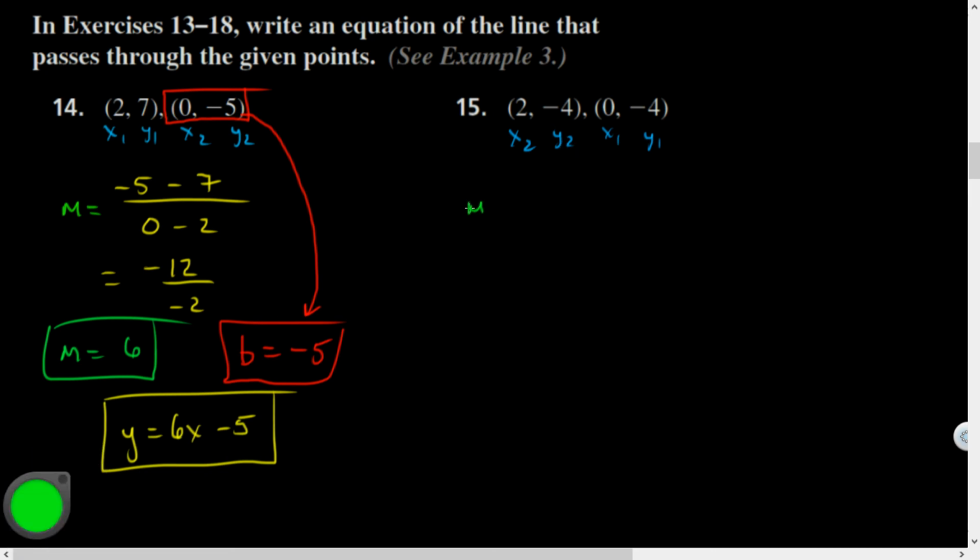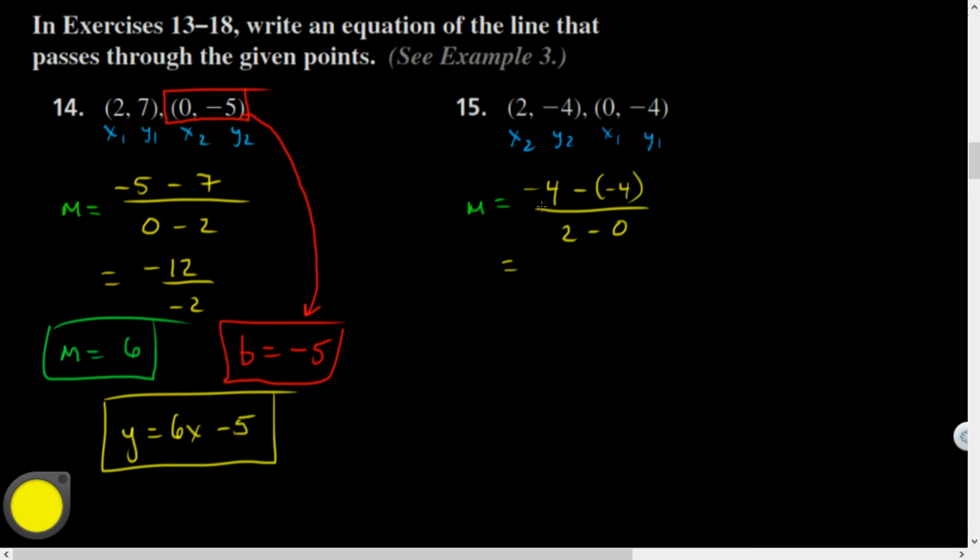So let's find the slope. m is y2, which is -4 this time, minus y1, another -4. Careful of your double negatives there. x2 minus x1. If you call this point 2, then you just have a little switcheroo there. It'll be fine. -4 minus a -4.